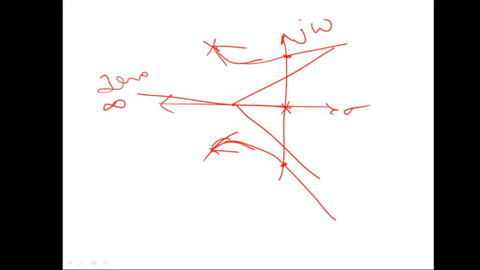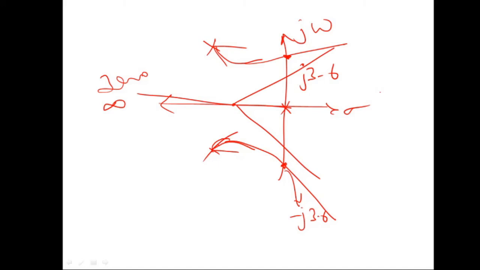These two are the crossover points of the root locus on the imaginary axis, and at these points the value of k is equal to 52, as obtained from this calculation.